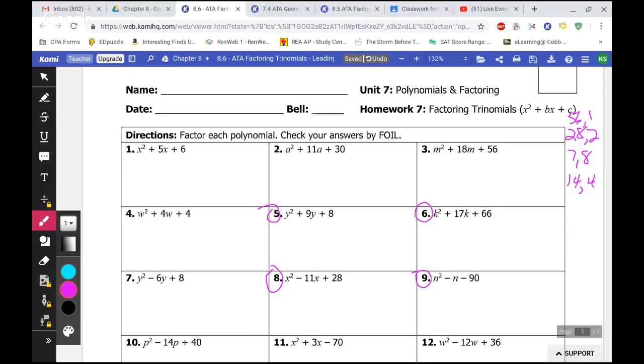I can't think of any more. But 56 and 1 is 57, 28 and 2 is 30, 7 and 8 is 15, and 14 and 4 is 18. So those are my two factors.